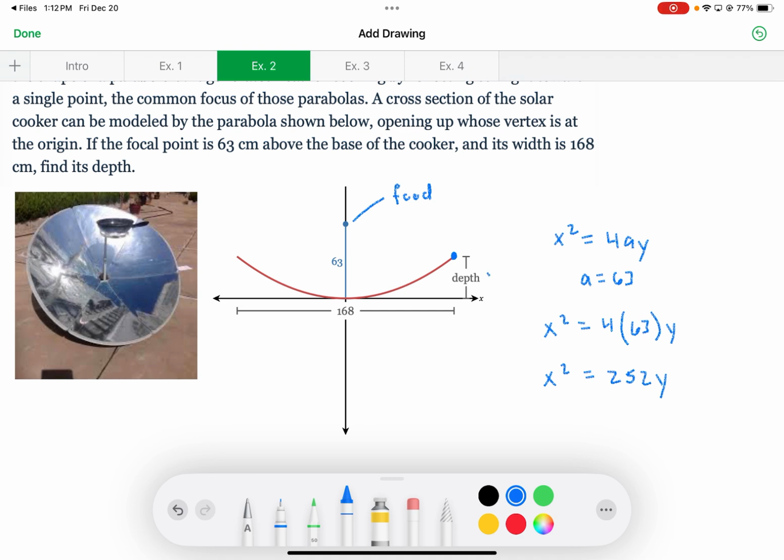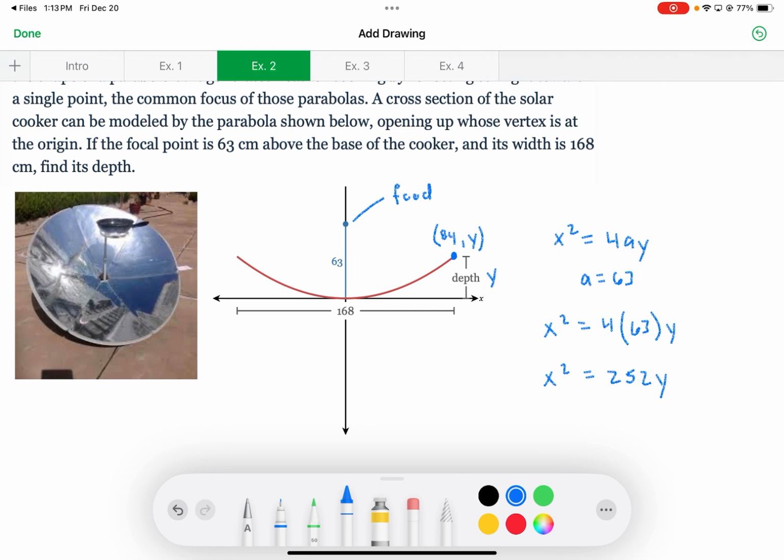The depth would be the y-coordinate of that point. And what would the x-coordinate of that point be, if the width of the entire dish is 168 centimeters? 84, half the width, right? So that endpoint has an x-coordinate of 84.